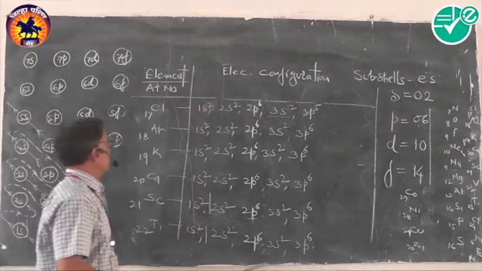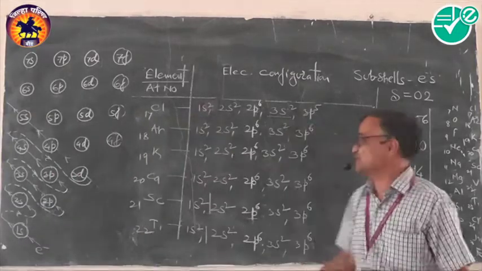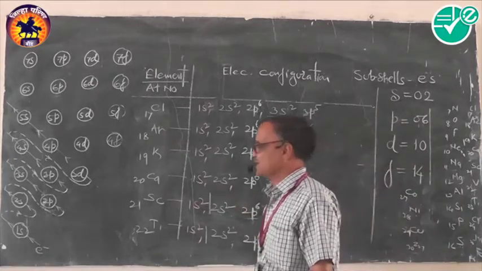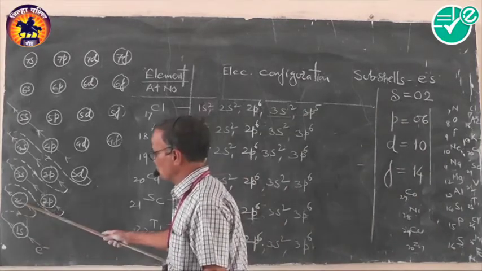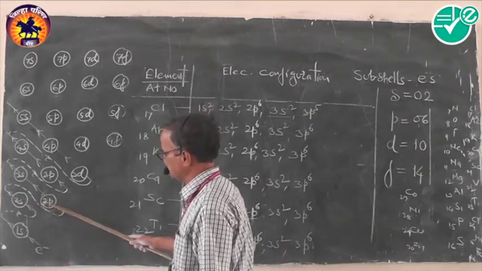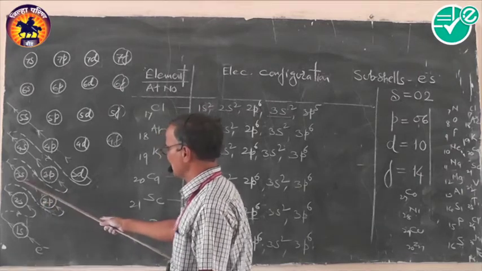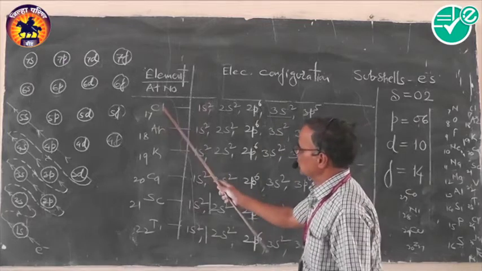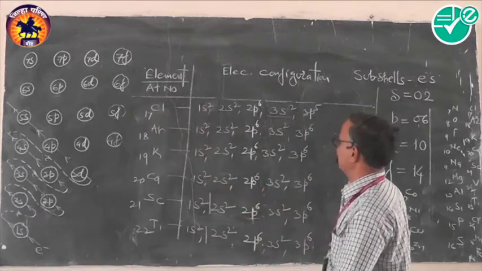So the electronic configuration of the next element, that is after 16, after sulfur, that is equal to 17. 2 plus 2, 4, 4 plus 6, 10, 10 plus 2, 12, 12 plus 6, 18. But chlorine has an atomic number equal to 17.